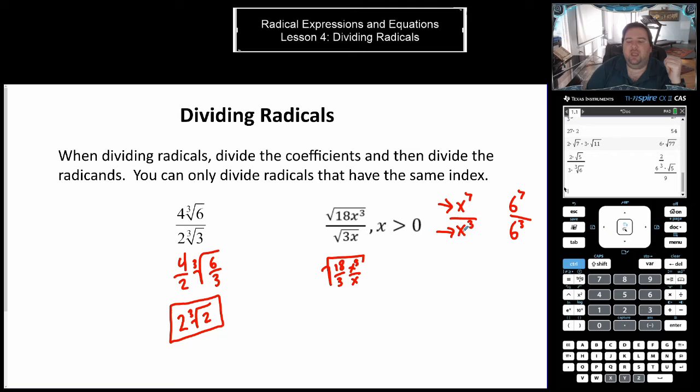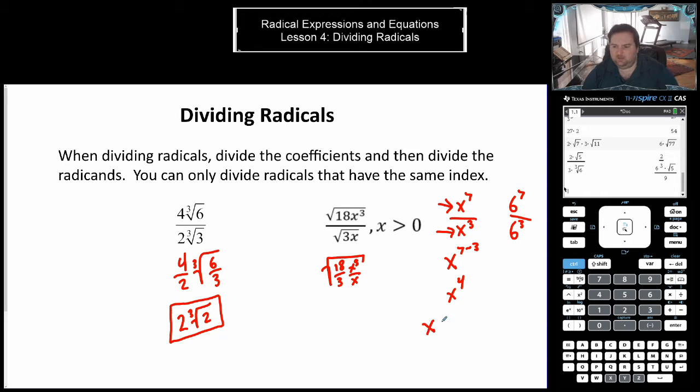Okay, x to the 7 over x cubed. Well, the algebraic way of doing this is that when you have the same variable and different exponents that are getting divided, it's x to the power of 7, which was the first one, minus 3. So what you're left with is x to the power of 4.